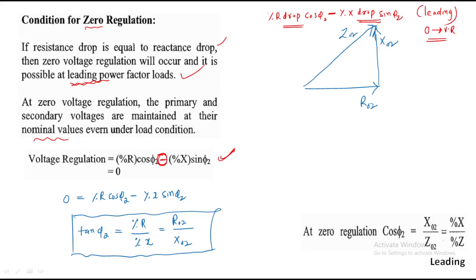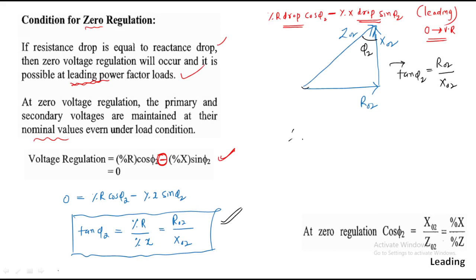Tan phi 2 is nothing but R02 by X02. The opposite side is R02. Therefore, this is phi 2. So tan phi 2 is opposite side R02 by adjacent side X02. Satisfied? Like this we have to draw the power triangle.